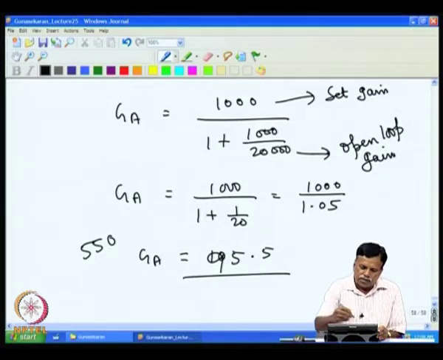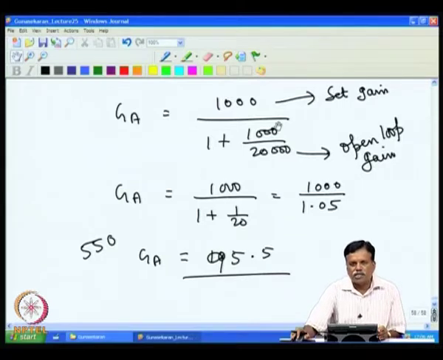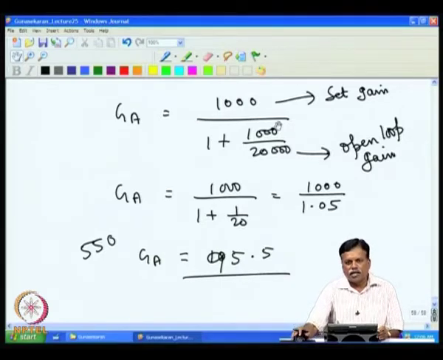If I put a lower set gain, for example 10, then the gain error will be small. As I increase the gain more and more, my gain error increases. Now, having a lower gain than what we wanted is not a serious issue. If I want 100 gain, then I can put 105 and get the required gain of 100.